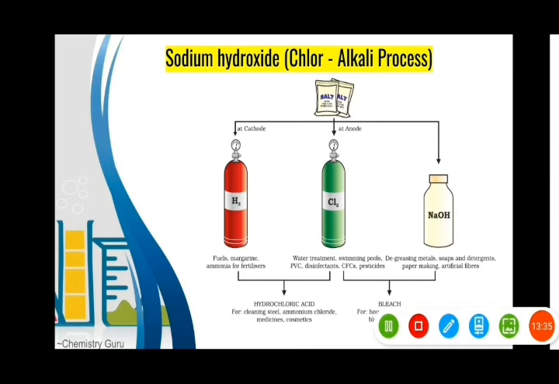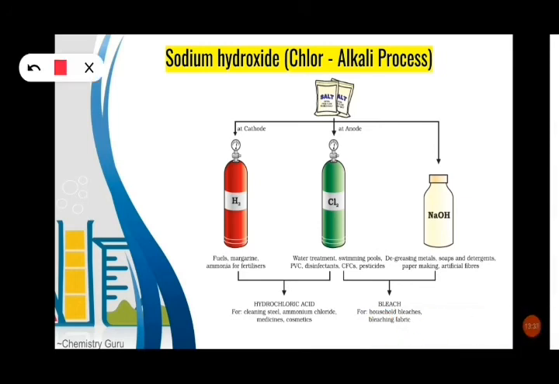So see this figure. You can see we have used this raw material NaCl, common salt, in the beginning, and we are discussing one of the products which is formed, which is sodium hydroxide. As a part of the chlor-alkali process, three products are formed. One is this alkali, sodium hydroxide, chlorine is formed, and hydrogen gas is also formed, right?